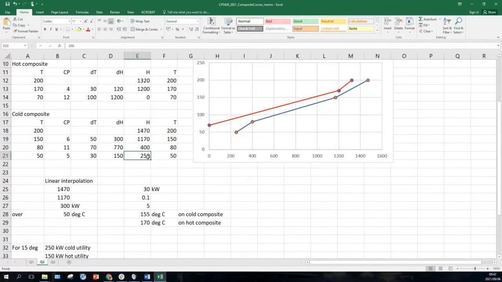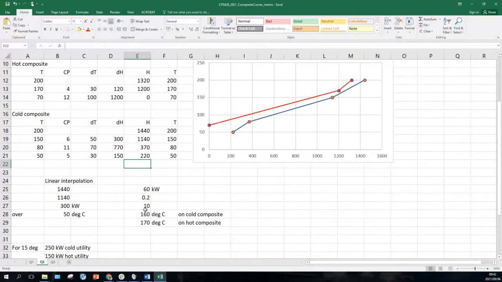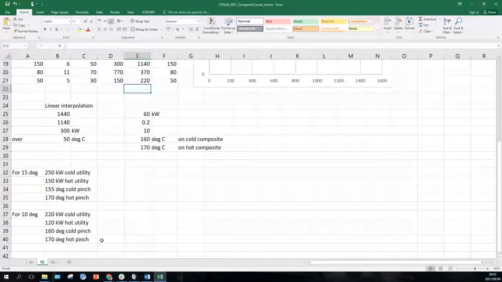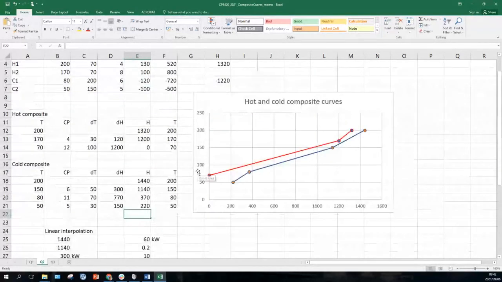So we would change the 250 to 220. And yeah, that becomes 10 degrees, 160 degrees, 170, and we've got the 10 degrees answers. Okay.